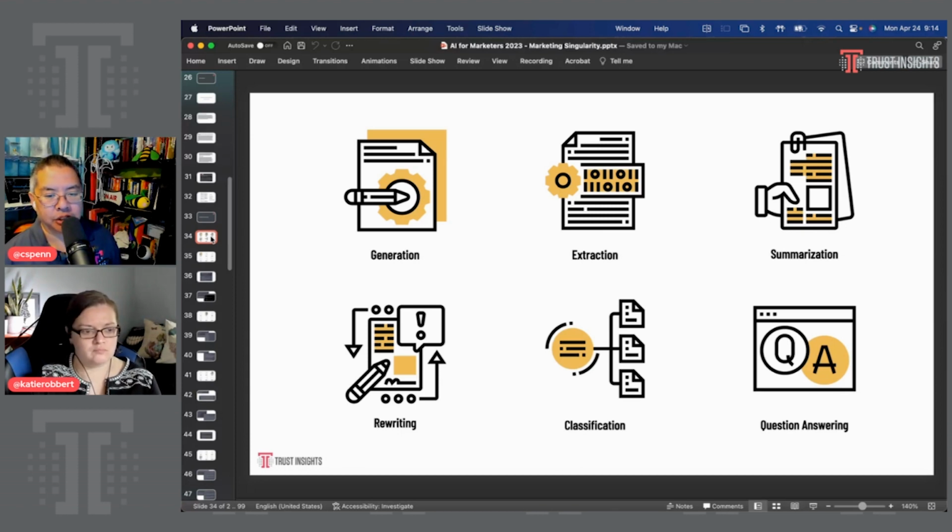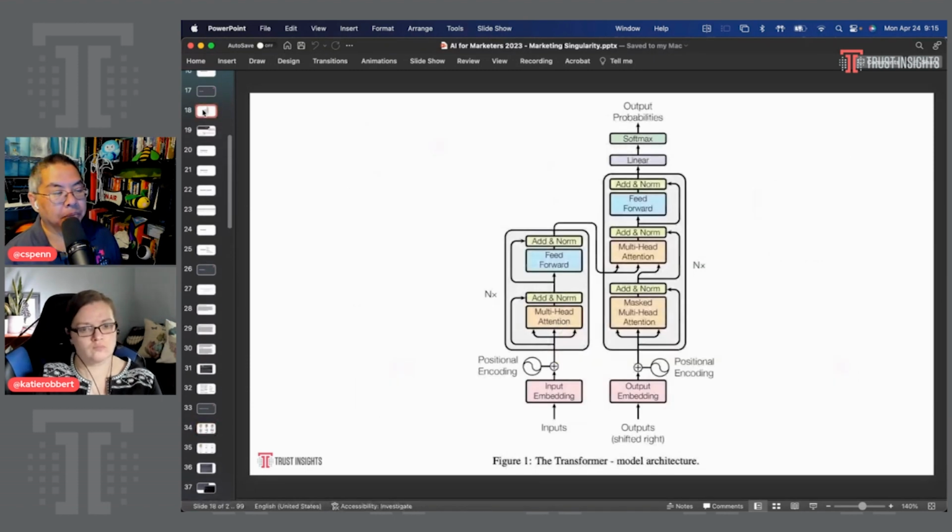What's interesting about these models, because of their architecture, they are better at what I call editing tasks like extraction, summarization, and rewriting than they are at writing tasks like generation and question answering. Because if we think back to what we were talking about at the very beginning about this architecture, it's called a transformer.